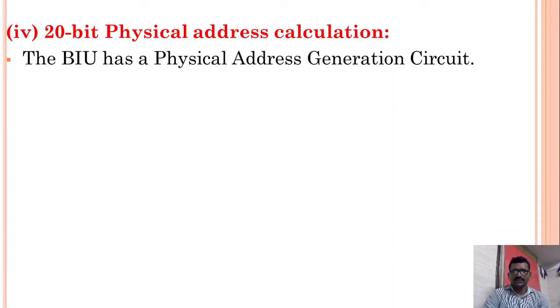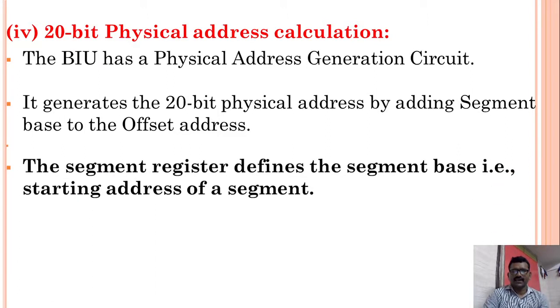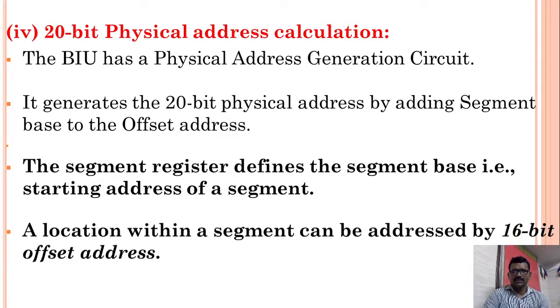The 8086 microprocessor generates a 20-bit physical address with the help of the 16-bit segment address and offset address. The segment register defines the starting address of a segment, and the offset address defines a particular address in the segment.